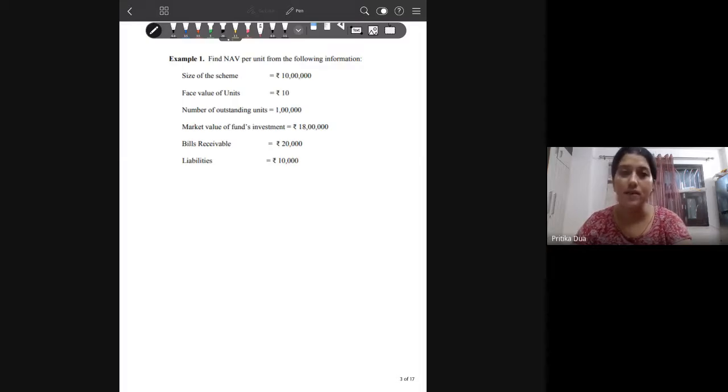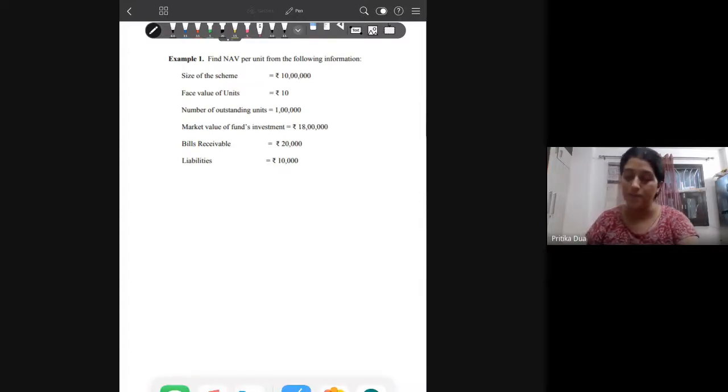The size of the scheme, that is the money raised at the time of launch, is 10 lakh, and the face value of each unit is rupees 10, which means that the number of units issued is 1 lakh. You're given the market value of investments 18 lakh, bills receivable 20,000, and liabilities 10,000. Everything is directly given in the question, and you need to calculate the NAV per unit.